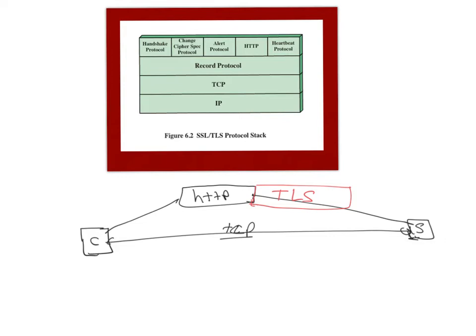This session level security context is represented by these protocols: the handshake protocol, change cipherspec protocol, alert protocol, and heartbeat protocol. We'll talk about each of these protocols. And as you can see, they run at the level of HTTP, in the session level, okay?